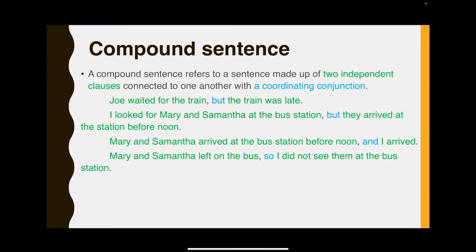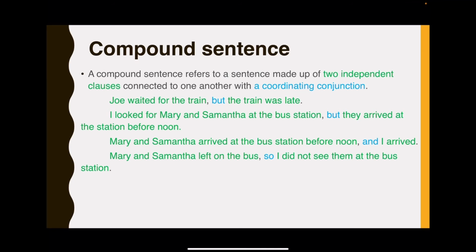Okay, next one. Mary and Samantha arrived at the bus station before noon, that is the first one, and I arrived. Okay, I arrived, that is the second independent clause. Mary and Samantha left on the bus. I did not see them at the bus station.